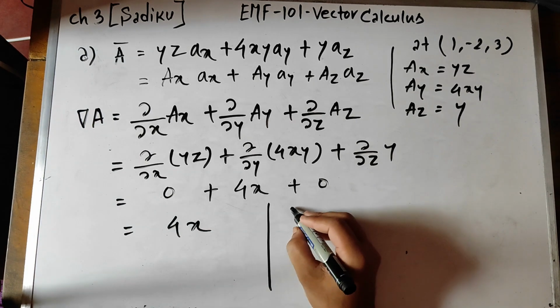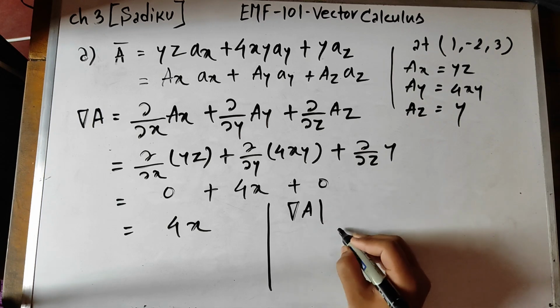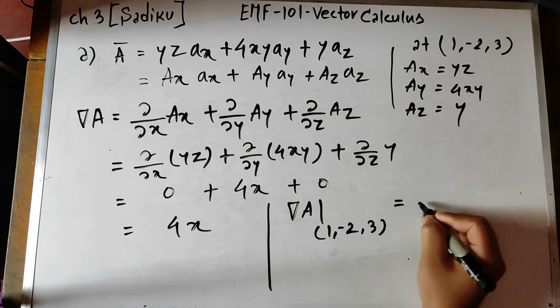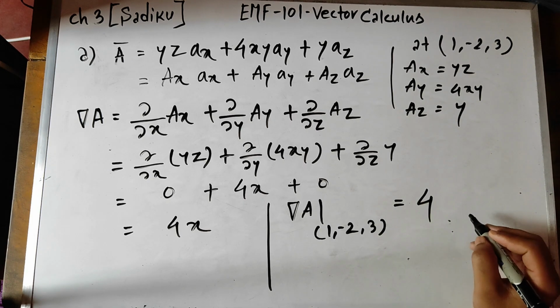So the divergence of A at 1, -2, 3 is 4.